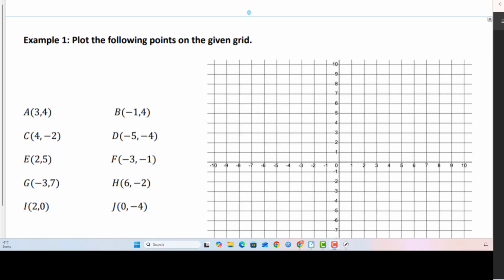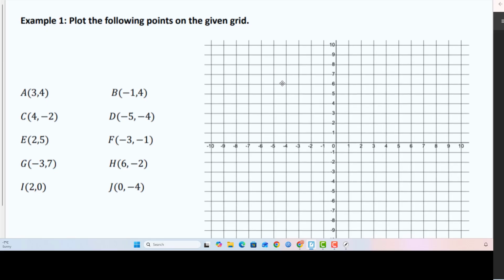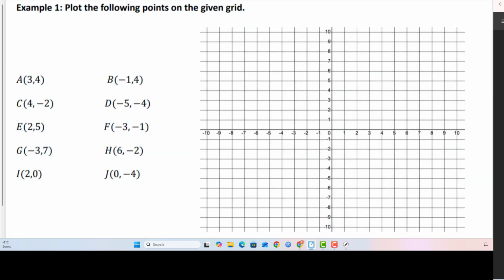All right, take a moment if you like to pause the video to try doing this on your own. We're going to plot a few points from A to J. Let's get started. As always, remember x comma y. X is 3, so I'm going to find 3 on my x-axis, and 3 is over here.